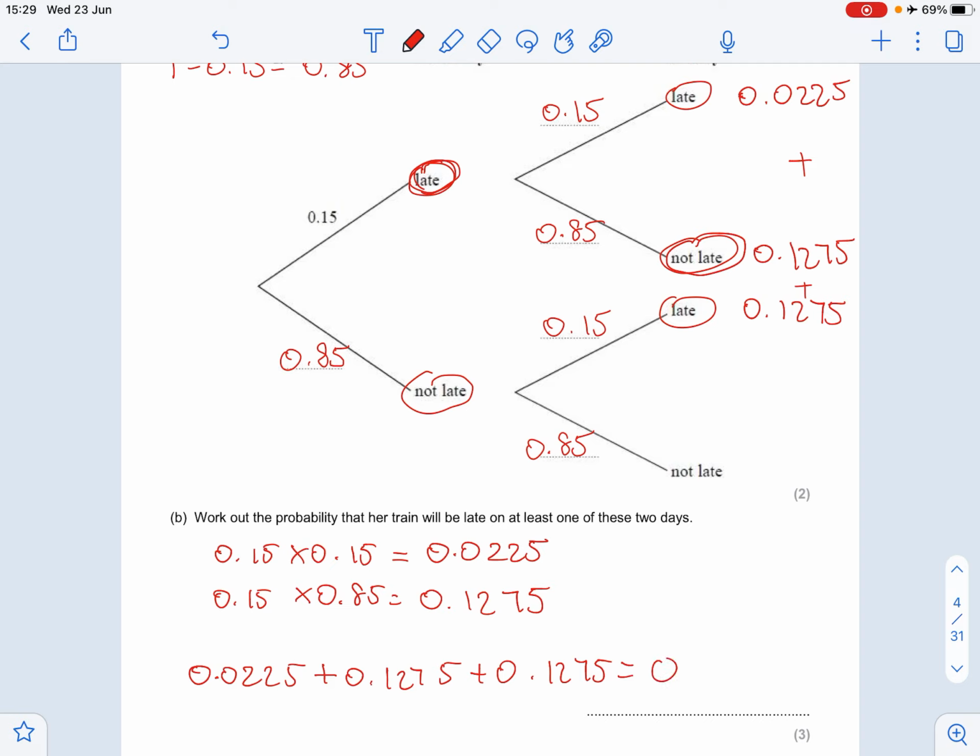Your answer should be 0.2775. So the probability that her train will be late on at least one of those 2 days is 0.2775.